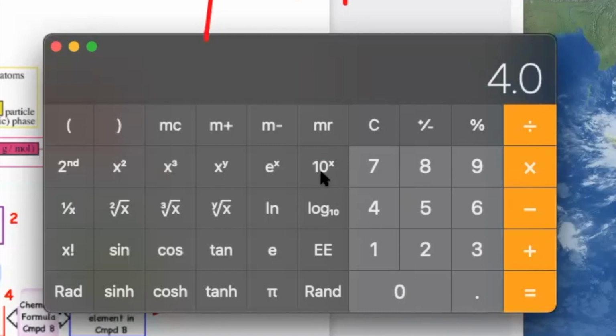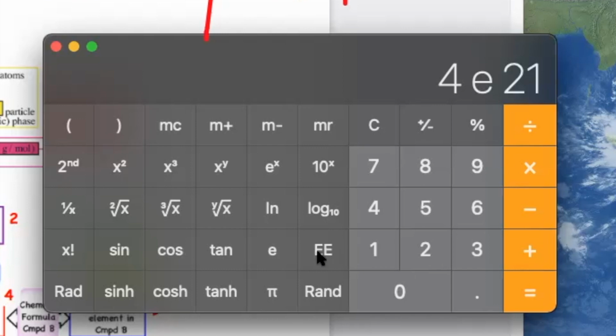This is my scientific calculator mode. Don't use this key, because that's a function. It does the log base 10. Use this key right here, EE. That'll give you the exponent. And then I'm going to put 21 because that's my number. That right there is 4.0 times 10 to the 21st.